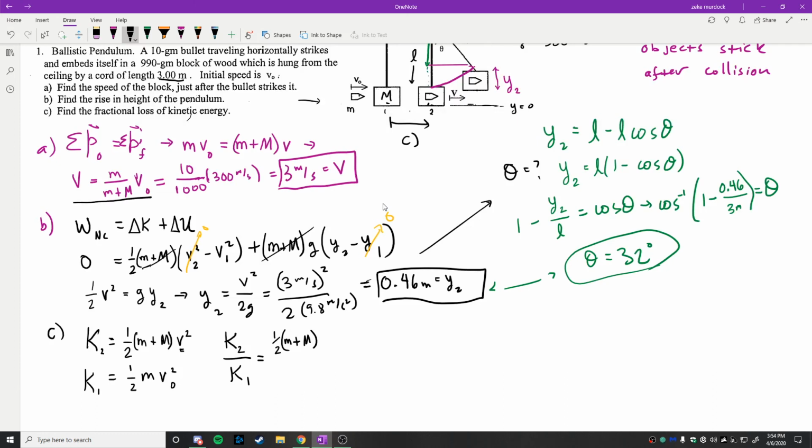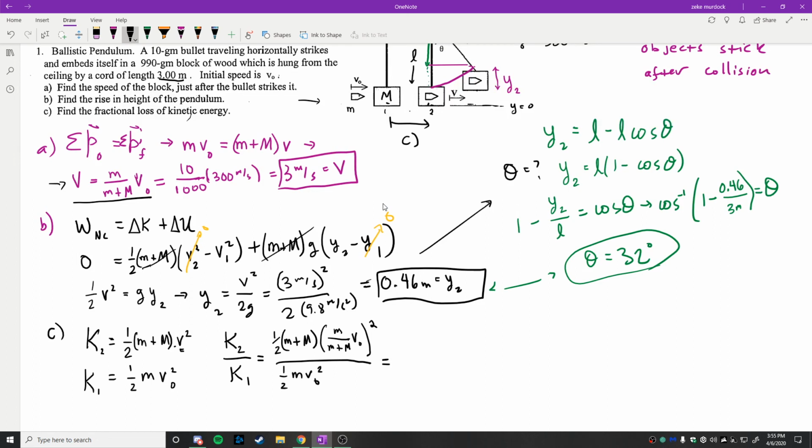We're going to solve this symbolically. So v happens to be equal to m divided by m plus big M multiplied by v initial, and then we need to square that whole thing. So I'm plugging in that value for v here, and it's squared, right? We're dividing this by 1/2 mass times v initial squared.